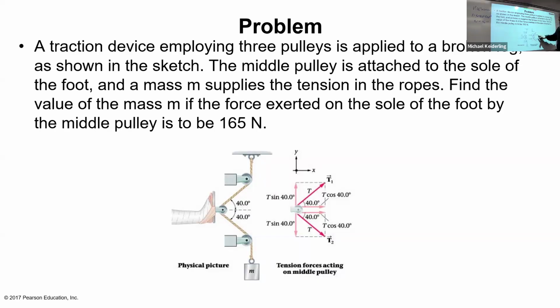And it'll be T cosine 40 degrees plus T cosine 40 degrees. And that's being provided down here, where that tension is providing enough force to lift this mass M, so the tension in the rope will be mg. So I'll give you another minute or so to work on this.